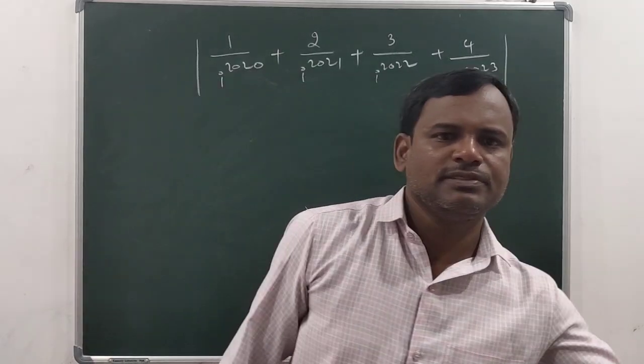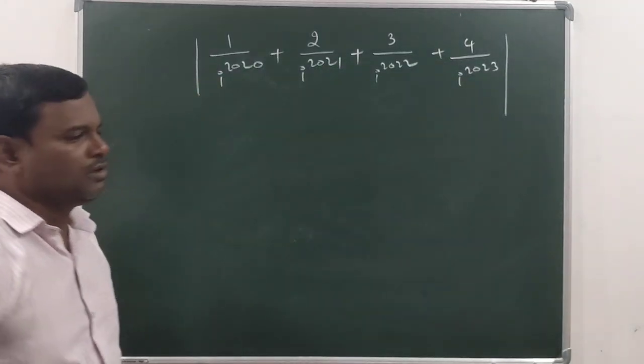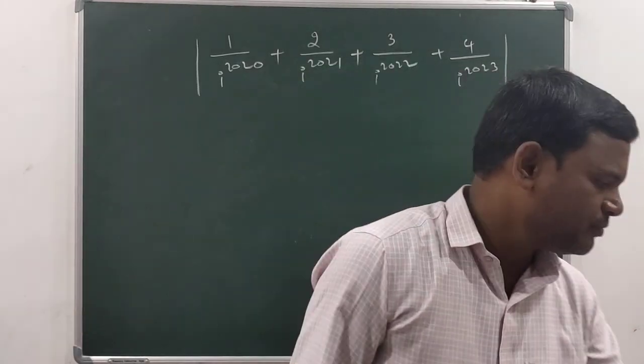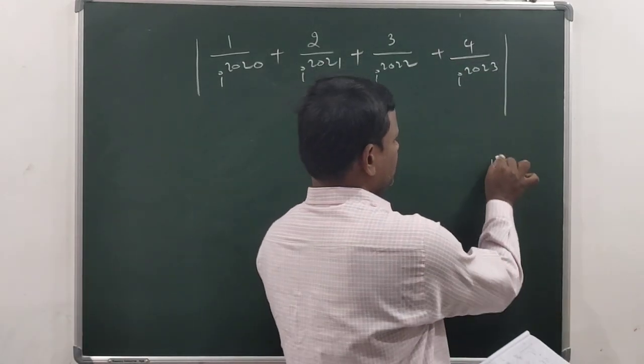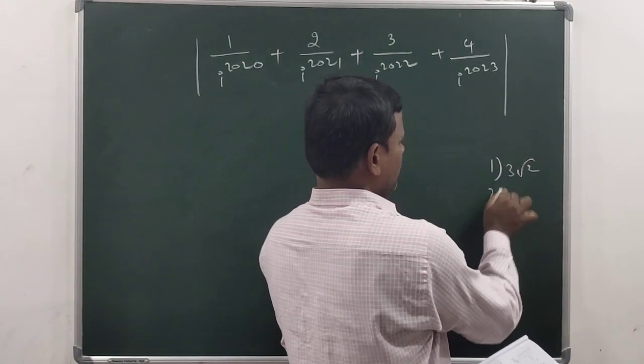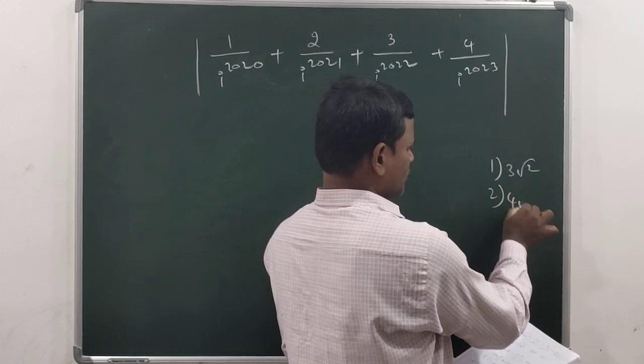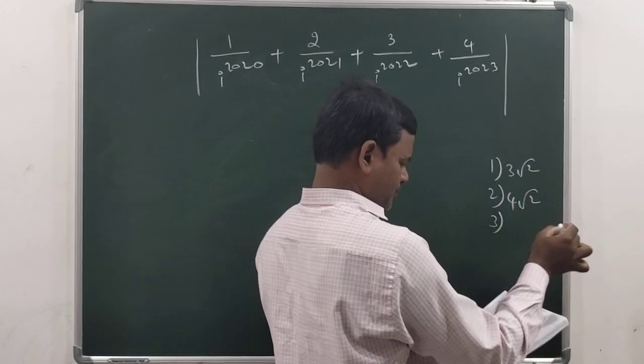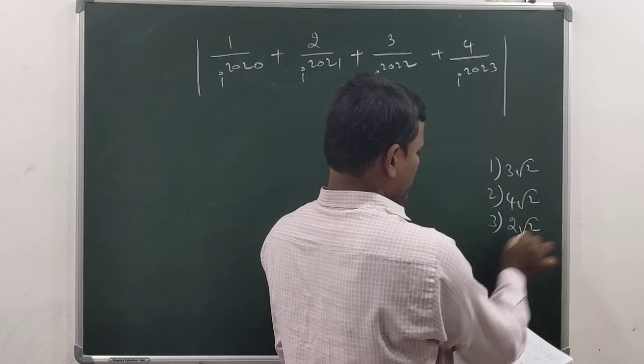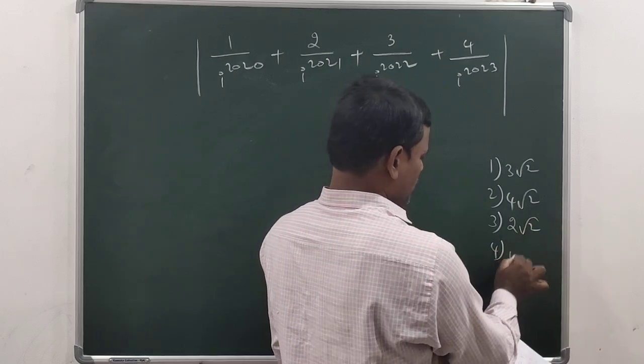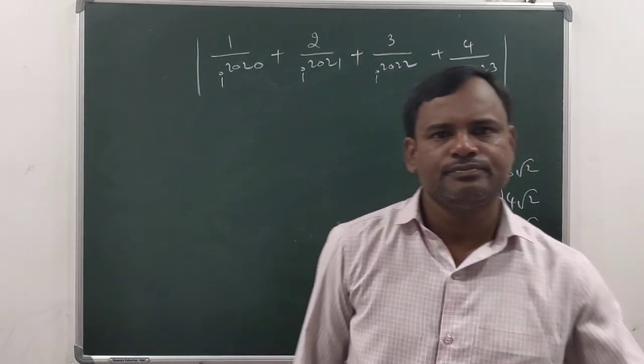Now simplify this. Shall I give you options? The options are given as 3 root 2, 4 into root 2, 2 root 2, root 2.